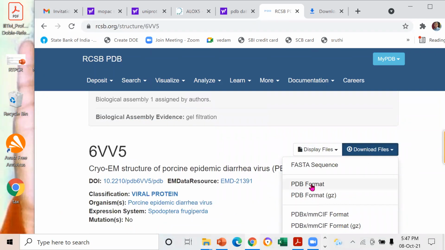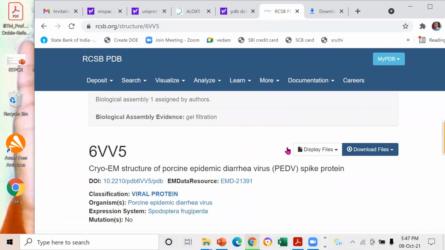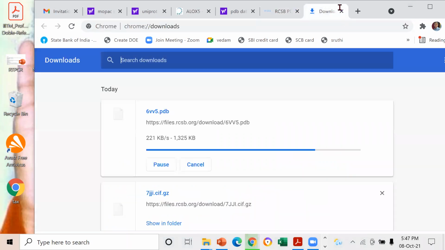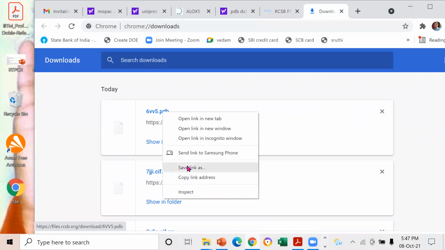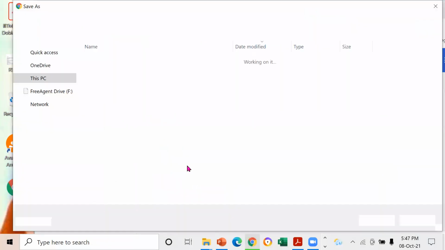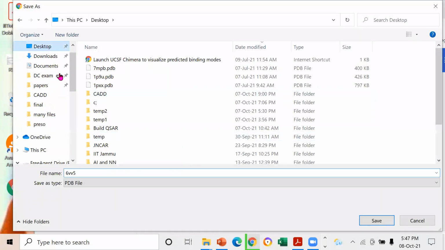Okay, so we have to download in PDB format. Once you download in PDB format, 6VV5.